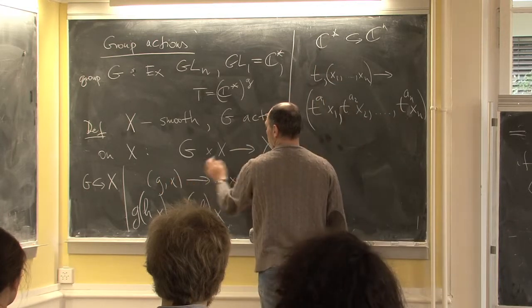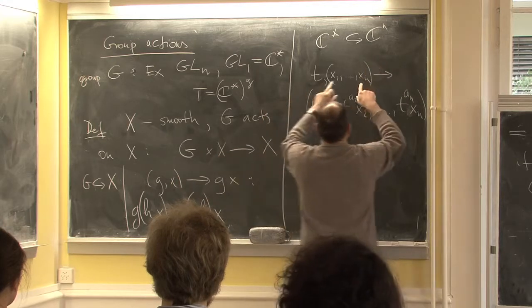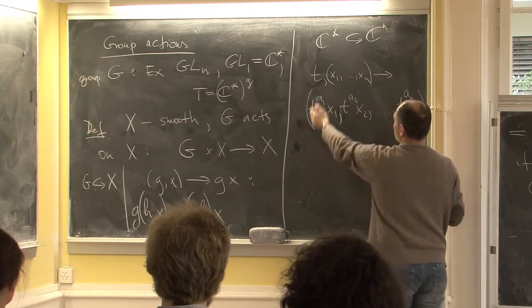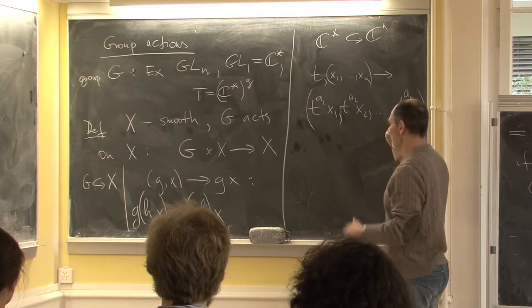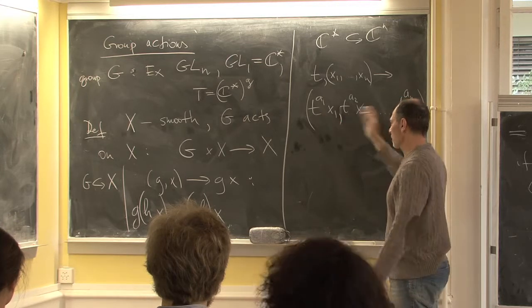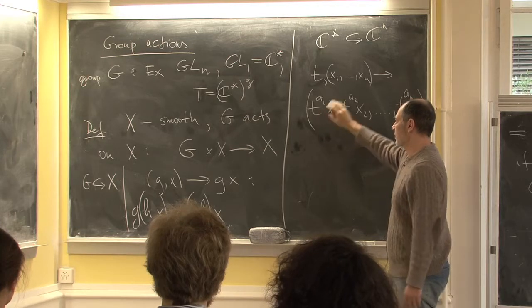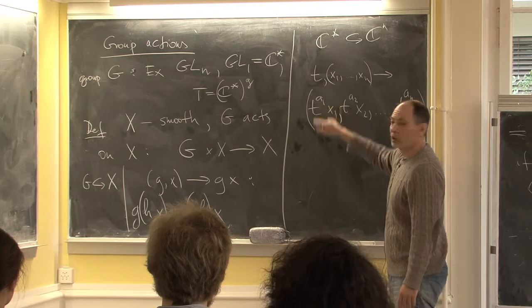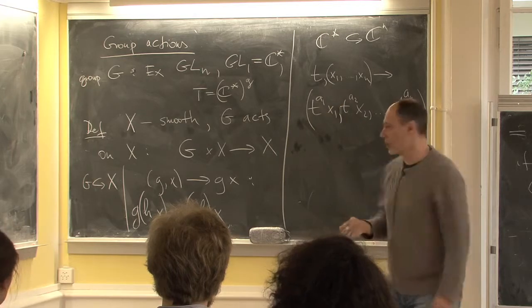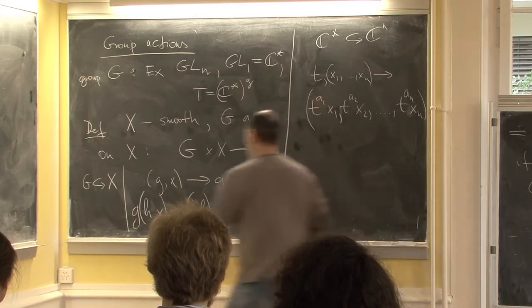I take an element of X, which is now just a vector with n components, and I tell you what the action is. It's not completely true like this, but in a certain sense this is necessary. Certainly, if it's only one component, it's necessary that this t should be to some power, because you want this multiplicative.